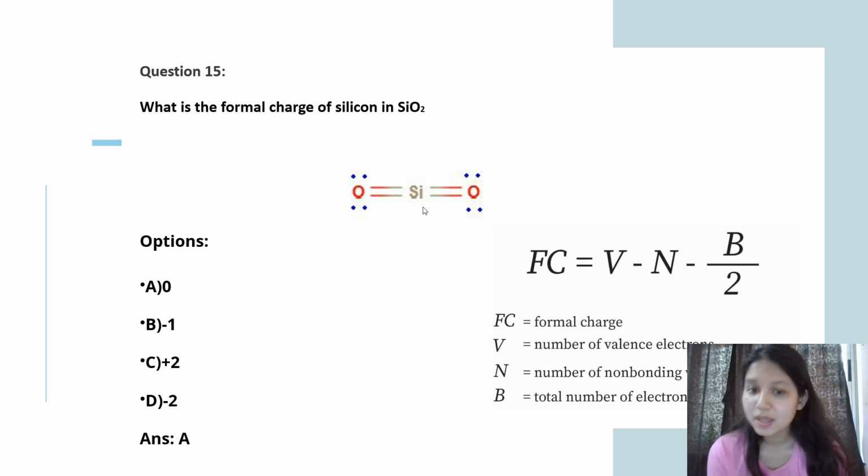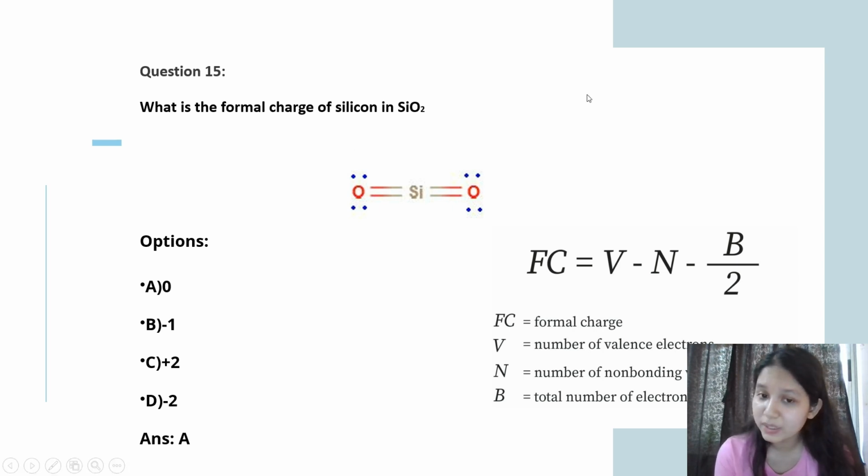Lone electrons present in the central atom, minus the number of bonds formed by the central atom. So as you can see, in case of silicon in silica, in this formula you can see that it has been given as minus b by 2.